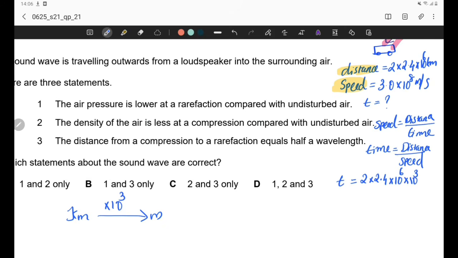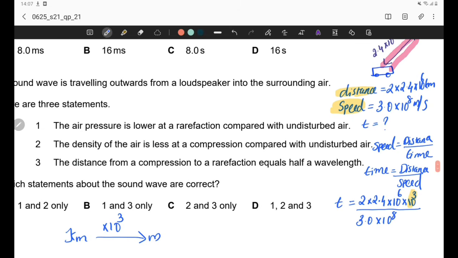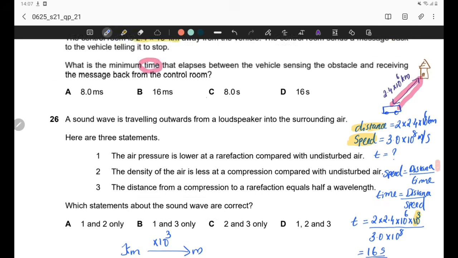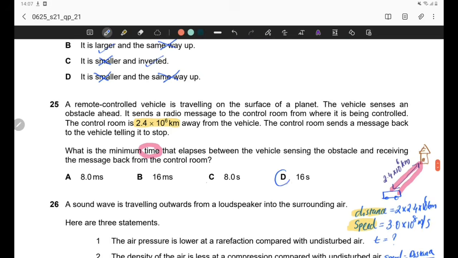Now we have converted from kilometers to meters by multiplying by 10 to the power 3, over the speed of this electromagnetic wave, which is 3 times 10 to the power 8. And the answer is 16. Therefore, 16 seconds. The correct answer is option D.